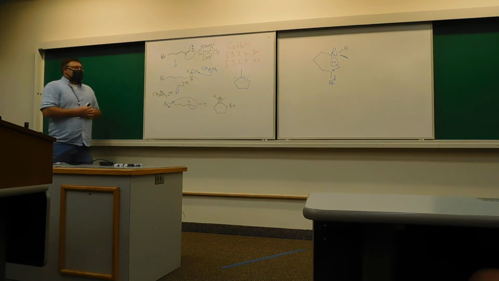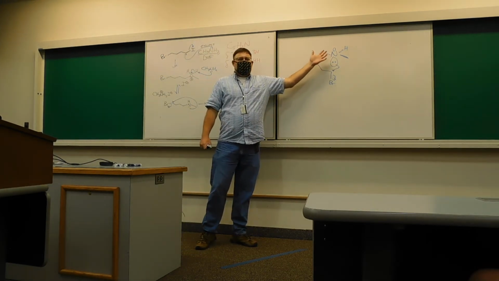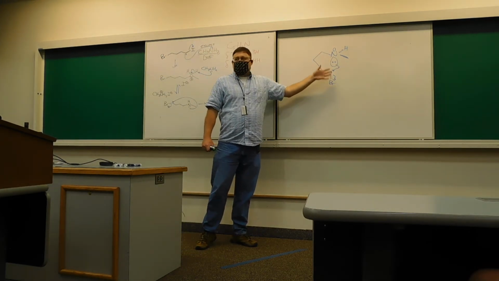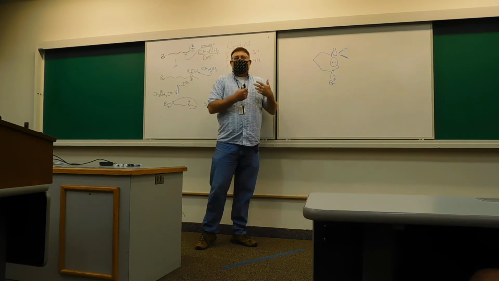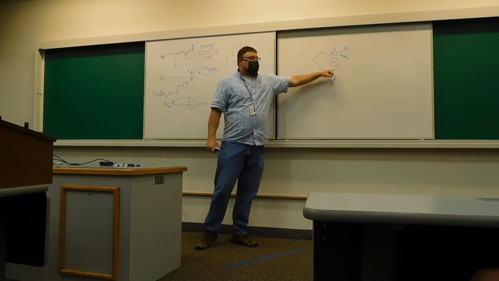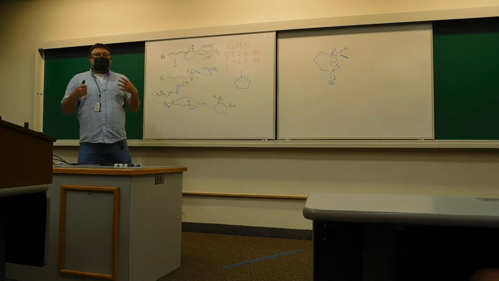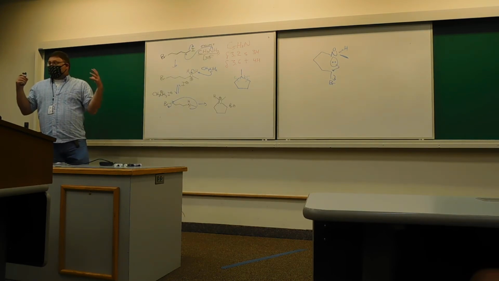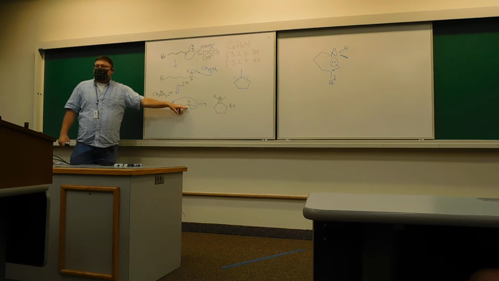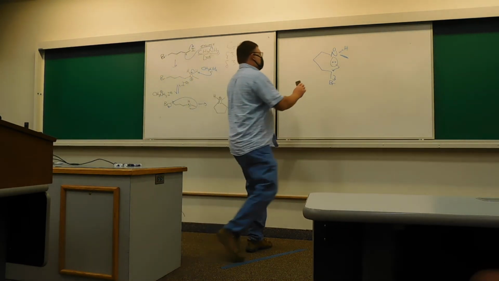Because the nitrogen's not making a conscious choice, I want to hit my roommate. The bromide's not saying, I want to walk out on my roommate. They just do this naturally. And so they're closer together. Effectively, their concentration is a lot higher. We actually call this an effective concentration. The concentration of alkyl bromide is really high next to this nitrogen. Okay, I think I've beaten this horse plenty.